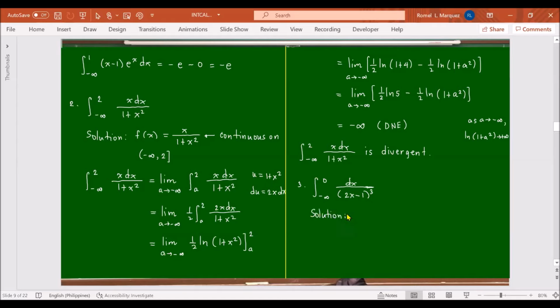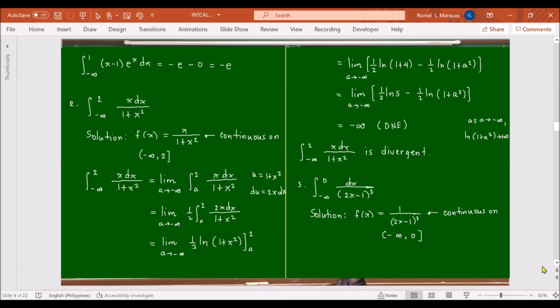So here in this improper integral, f of x is equal to 1 over (2x minus 1) cubed. So there is only one point of discontinuity here. It is at x equals 1/2. Since 1/2 is not in this interval, this is continuous for sure on negative infinity to 0.